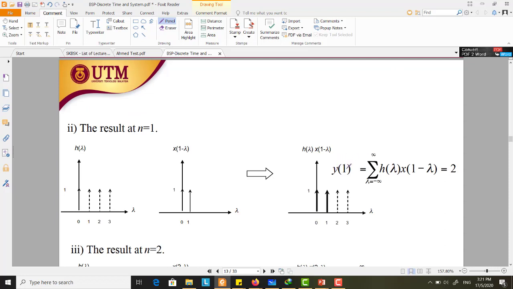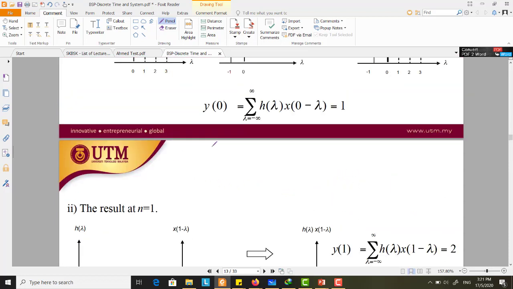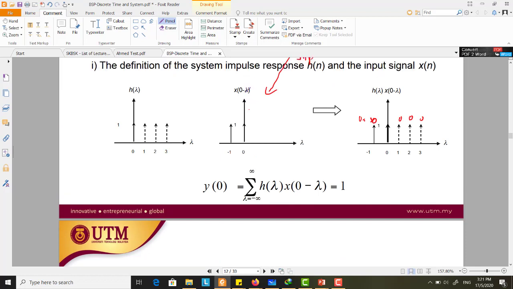Once you finish this one, in order to find the y value when n is equal to 1, you need to translate or shift your flipped xn in that direction. Imagine that you have this one, then this one. For this case only one overlaps.